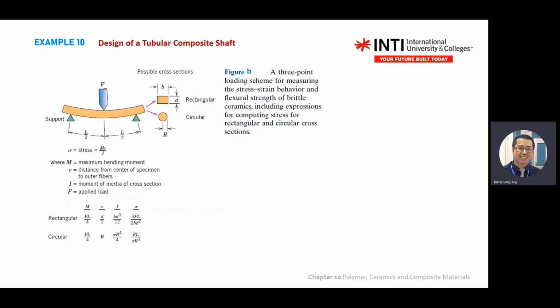It will deflect something like this. And then there's an equation that you learned in your statics, stress equals Mc divided by I. So all these equations were given, right? So if you have a rectangular shape, then you use these formulas. If you have a circular shape, you use these formulas, right?